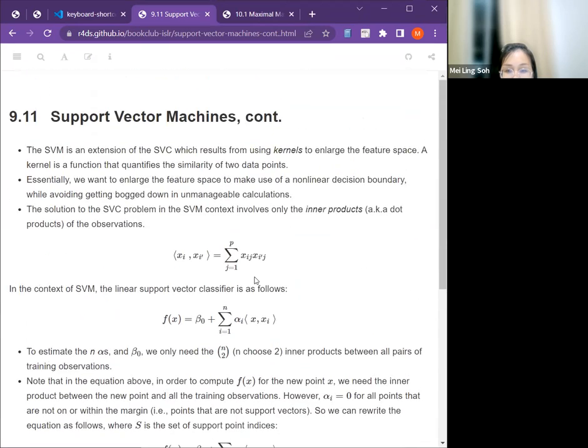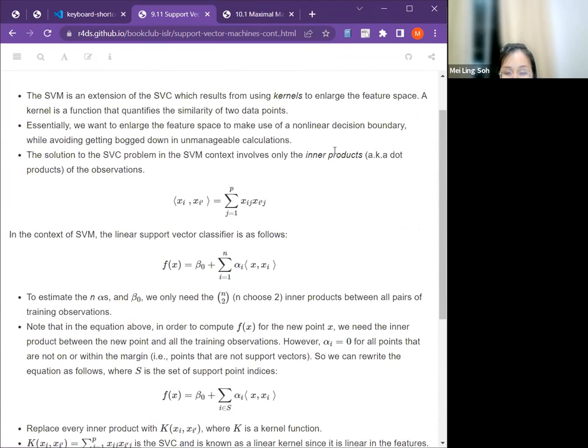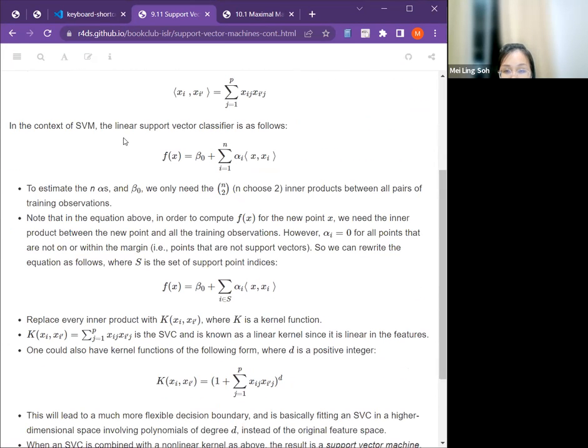I can try to cover this slowly. What we want is the inner product, the pairs of observations. Then the linear support vector classifier is as above, with a beta, and then you have the alpha between the pairs of observations.